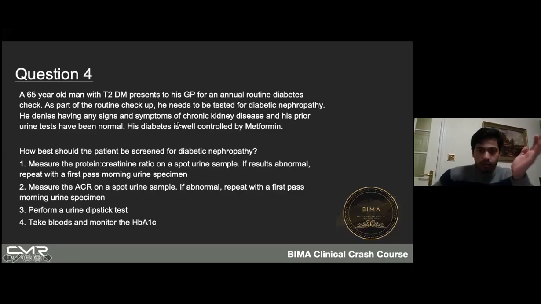Once again, if it's repeated and it's elevated, then that confirms proteinuria, and as a result, the diabetic nephropathy and the CKD. You'd also be taking regular bloods and monitoring the HbA1c in general. So that's not a wrong answer, but ideally you'd do the albumin creatinine ratio first, then repeat it to verify it, and take it from there.